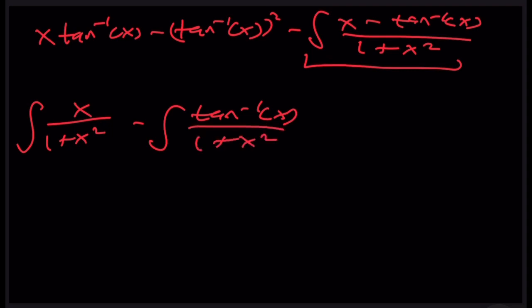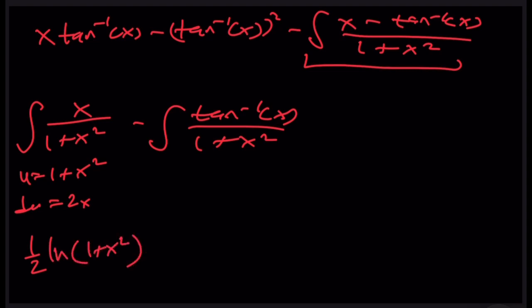And from here, we can use u sub on both of these actually. We could just set u equals 1 plus x squared, du equals 2x dx. So this portion will leave 1/2 ln of 1 plus x squared after integrating. And then for this integral, we're just going to set u equal to tan inverse x.